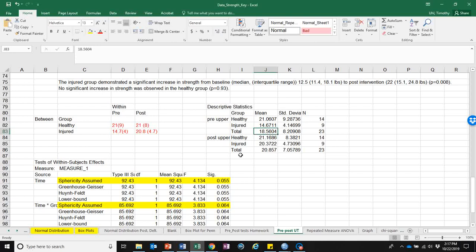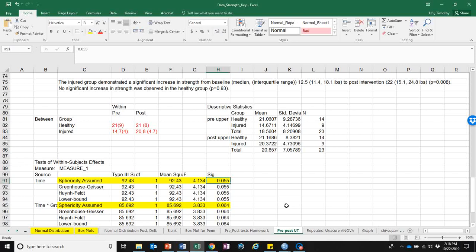And then again, at the end of treatment intervention, it goes from 18 to 20. So it improved, but did it improve significantly? And the answer is no, not officially. It's only at 0.055.